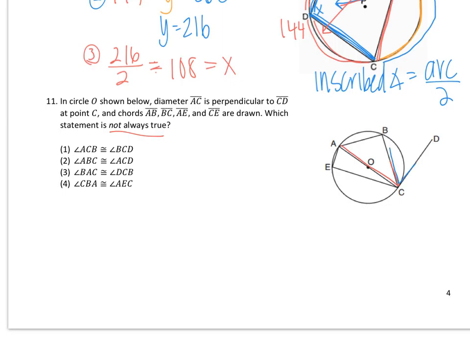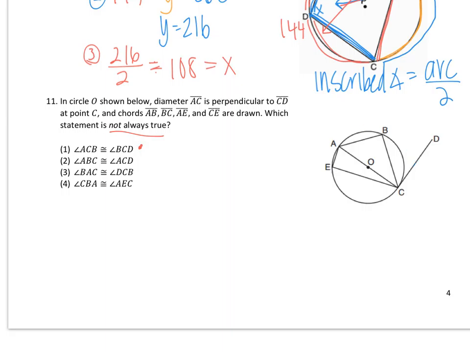The only time that this would happen is if segment BC was an angle bisector, or if these arcs, AB and BC, were congruent, then these inscribed angles would also be congruent. So I'm thinking that this might be our not always true choice, but let's go through the other options so that we can confirm that that in fact is not always true.